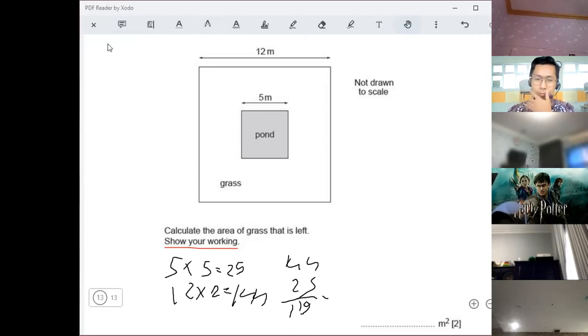Okay, is Rafa correct, class? Yes. The answer is correct. So 12 times 12 is 144. And then 5 times 5 is 25. We will subtract this.